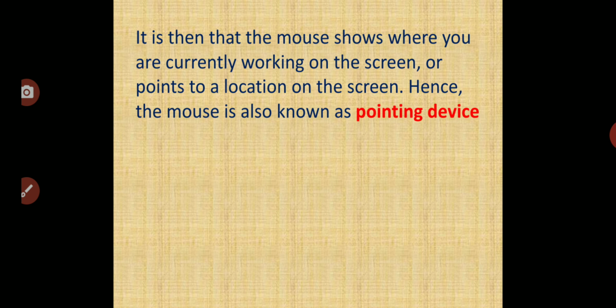It shows where you are currently working on the screen, or points to a location on the screen. Hence the mouse is known as a pointing device. Okay. We saw these two input devices, keyboard and mouse.